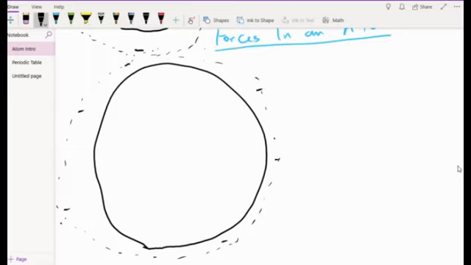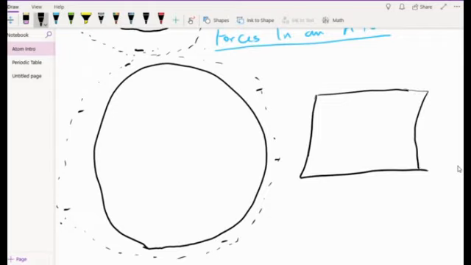And by the way, the nucleus of the atom is less than 1% of the size of the whole atom. For instance, if this were an atom, the size of the nucleus is very tiny. It's less than 1%.